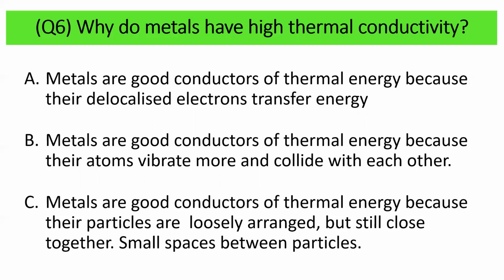Is it because A, metals are good conductors of thermal energy because their delocalized electrons transfer energy? Or is it B, metals are good conductors of thermal energy because their atoms vibrate more and collide with each other? Or is it C, metals are good conductors of thermal energy because their particles are loosely arranged, but still close together with small spaces between the particles?